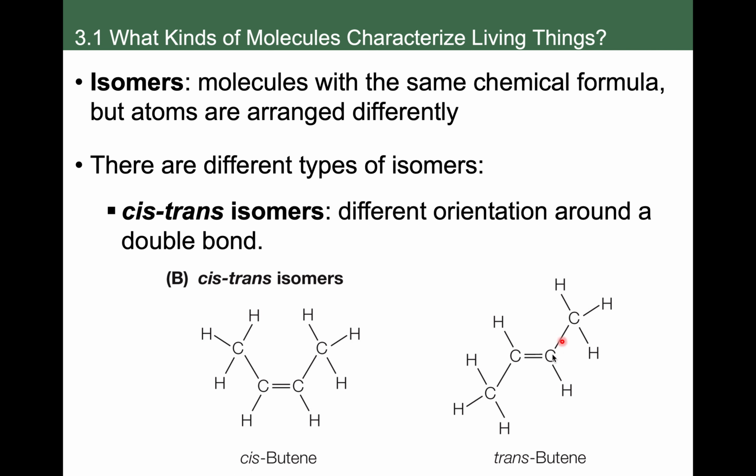Whereas if whatever's going on the opposite sides of the double bond are pointing in opposite directions, those would be trans. So again, we can see these are isomers because they have the same chemical formula, but things are just oriented differently around this central carbon-to-carbon double bond. So we call these cis-trans isomers.